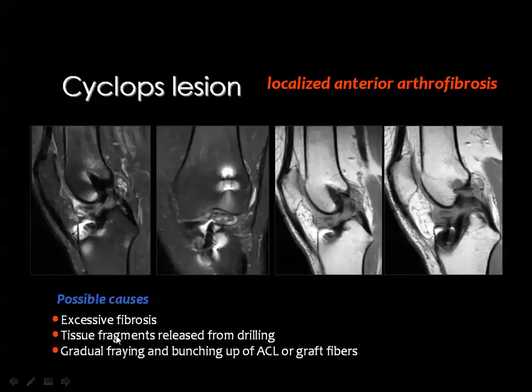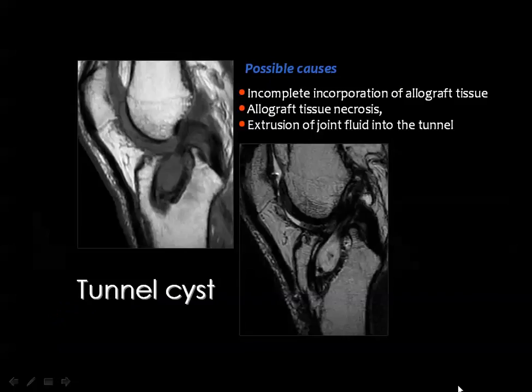Number 1, excessive postoperative fibrosis, tissue fragments released from drilling during insertion of the graft, or gradual fraying and bunching up of the ACL graft fibers, either from the graft itself or from the drilling during insertion of the graft, or due to fibrosis initiated by the operation.